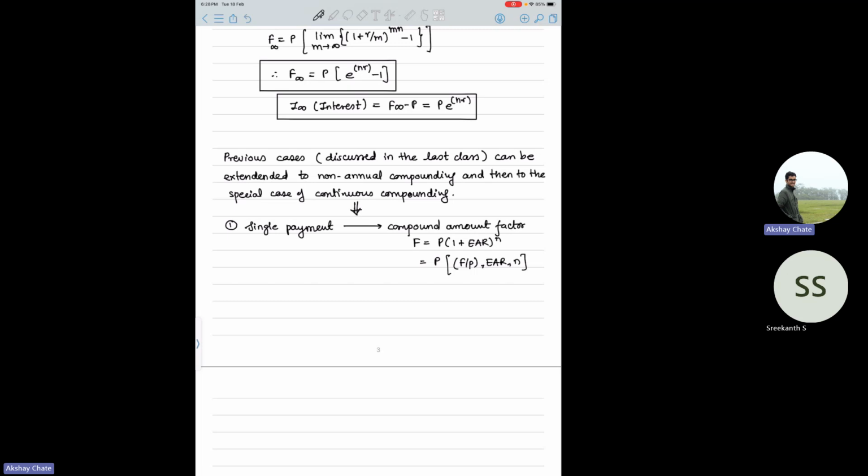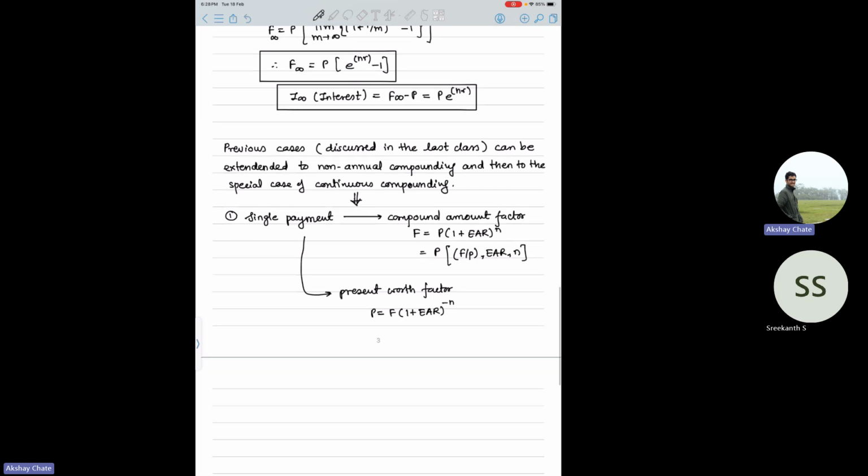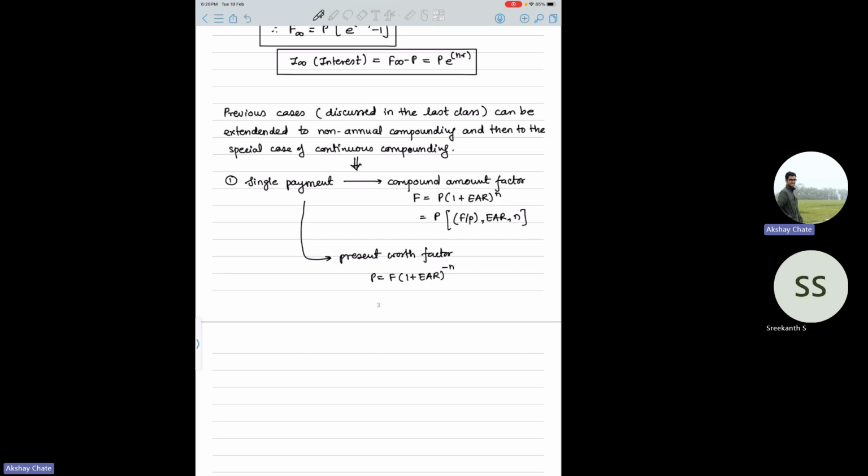Then there was a second case, the present worth factor, where P equals F into (1 plus I) power minus n, correct? Now that I will be replaced by EAR, because in the problem you will not be given an interest rate compounded annually. They will give you some other frequency, and you first calculate EAR for that case and then put it in.